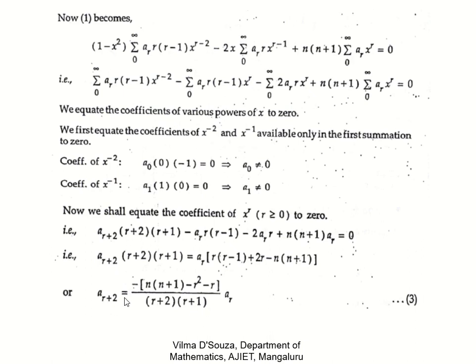What is a(r+2)? Minus n into (n plus 1) plus r square, minus r plus 2r is plus r, but minus I have taken out. So minus r divided by (r plus 2) into (r plus 1) into a_r. Okay, so a(r+2) I have written in terms of a_r.